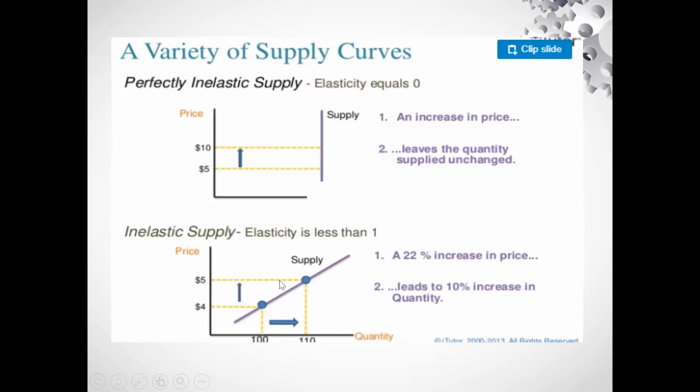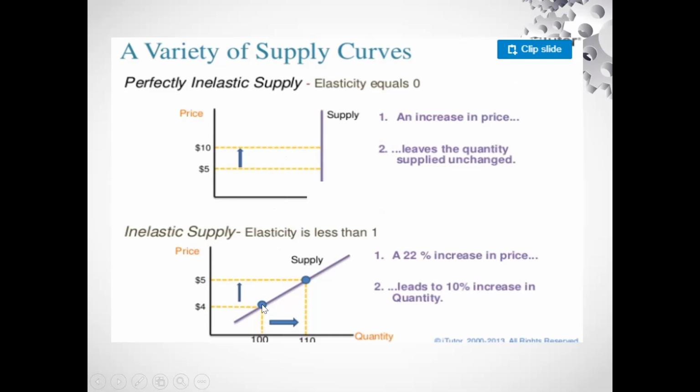So these are some of the varieties of supply curves. Again, I'm repeating: in perfectly inelastic supply, the price and the supply go along a normal curve.